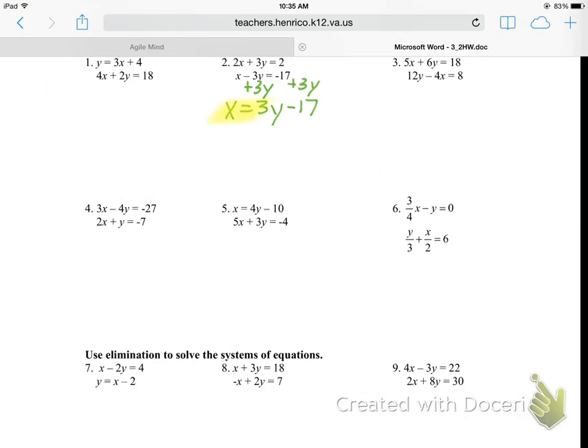So now I would take that for x, plug it into the other one for x, and I could solve it. So if I solve that one, I've got 2 times 3y minus 17 plus the 3y is 2.